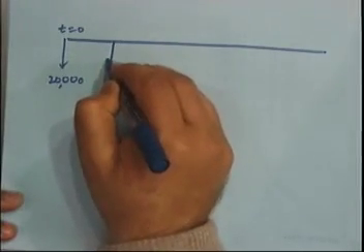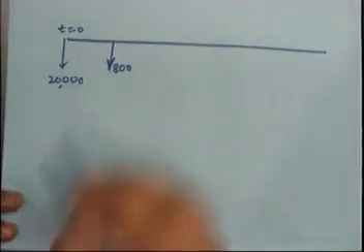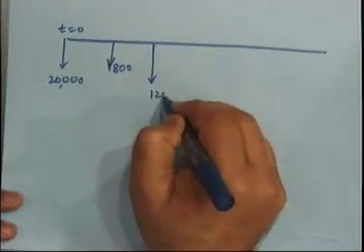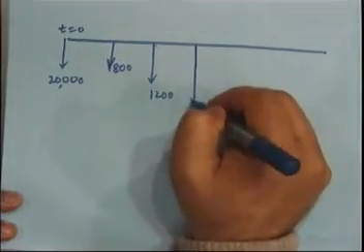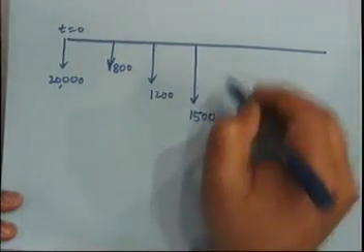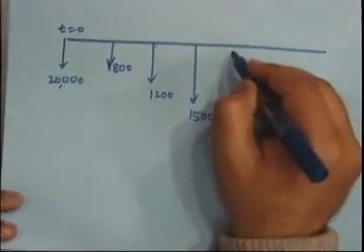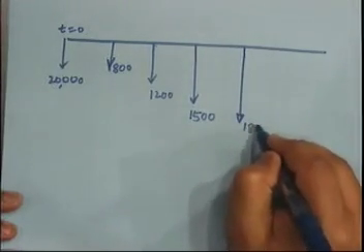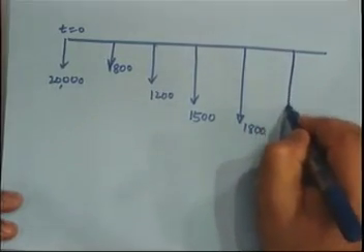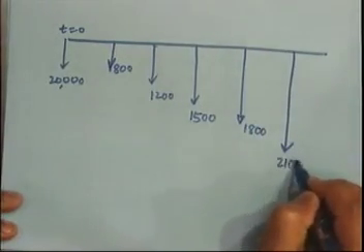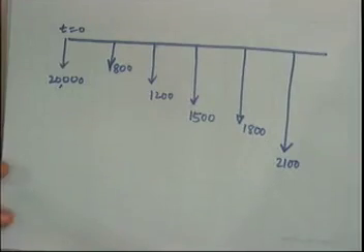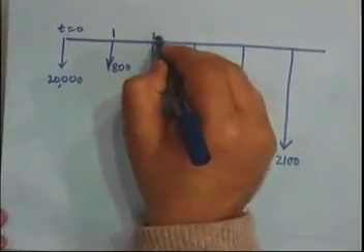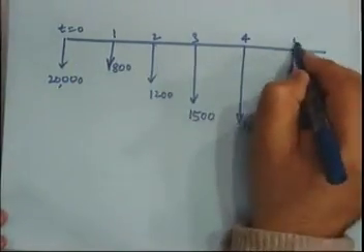Now, year 1, $800 is my operation cost, year 2 1200, year 3 1500, every year it is increasing by $300, year 4 1800, year 5 it would be 2100 and so on. This is year 1, 2, 3, 4, 5 and so on.